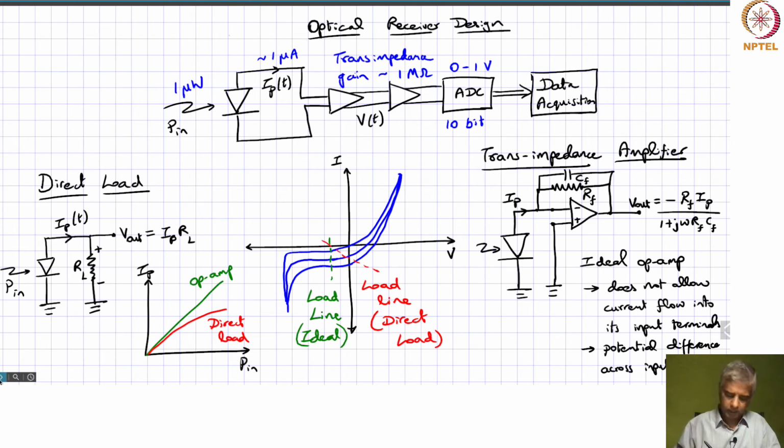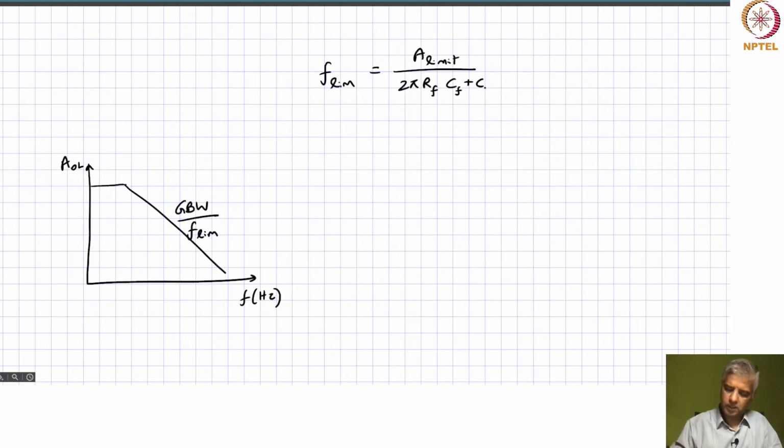So you can have multiple terms over here. So basically CF plus CD plus COA, and you could maybe even add other parasitic capacitance because of the traces in your printed circuit board. So that's actually the expression for the F limit.